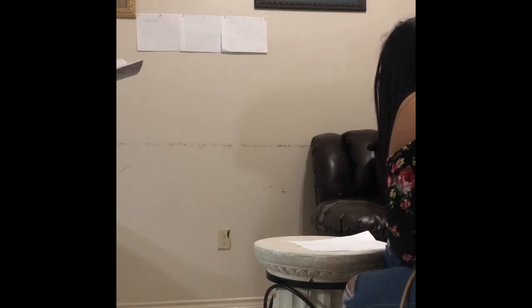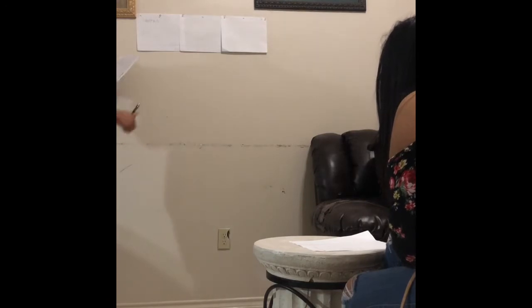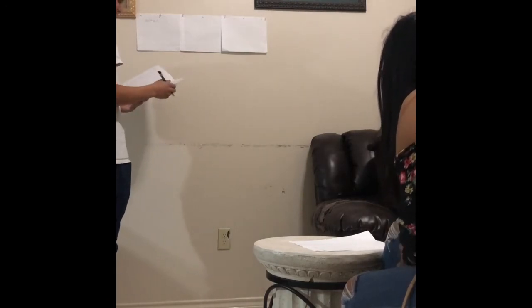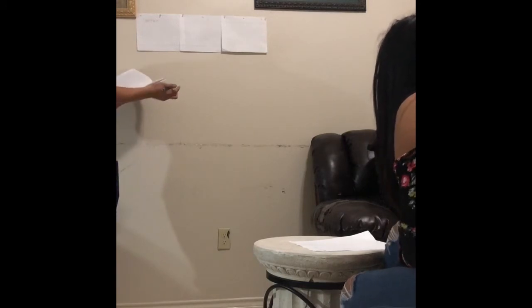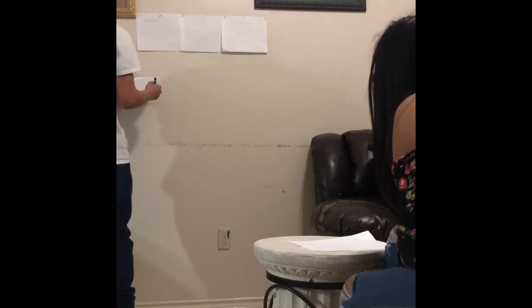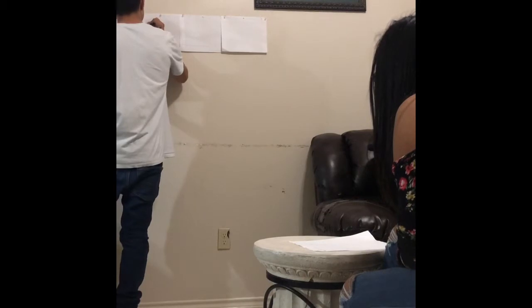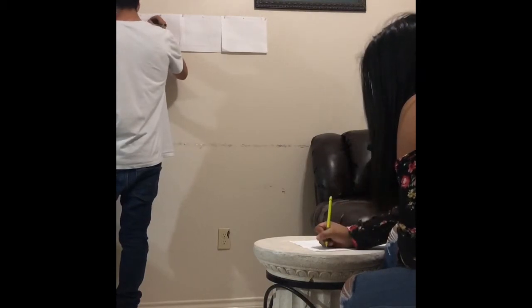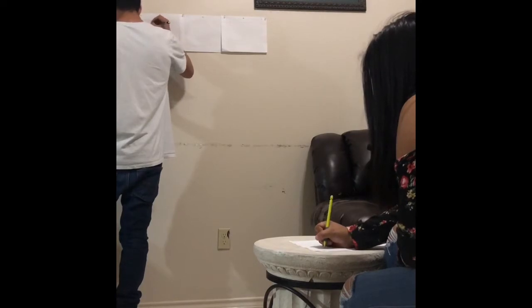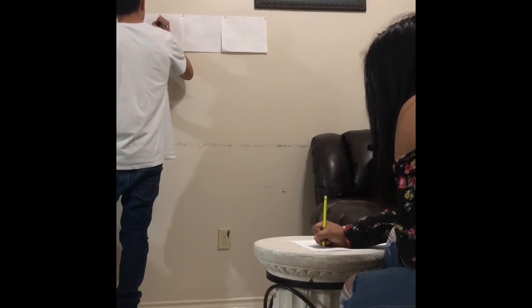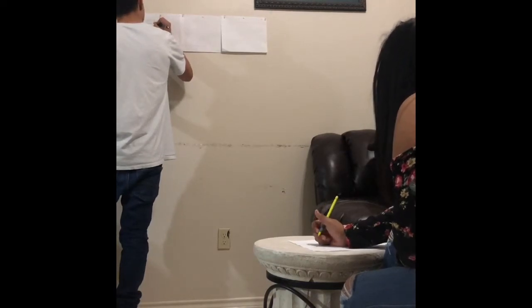So if we have 20 degrees Fahrenheit and we want to convert to Celsius, this is the formula that we use. It'd be C for Celsius equals 0.56, and then you put in parentheses Fahrenheit, F minus 32.